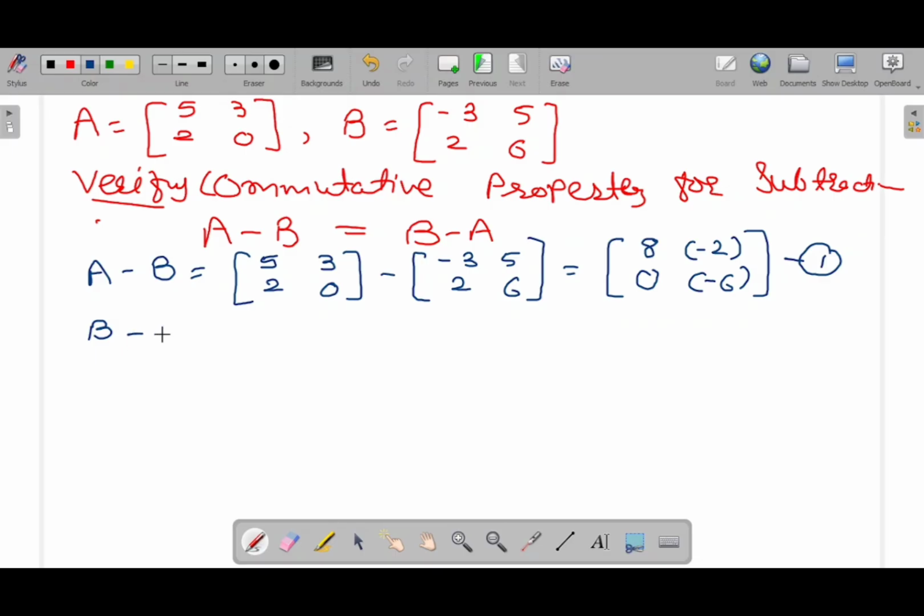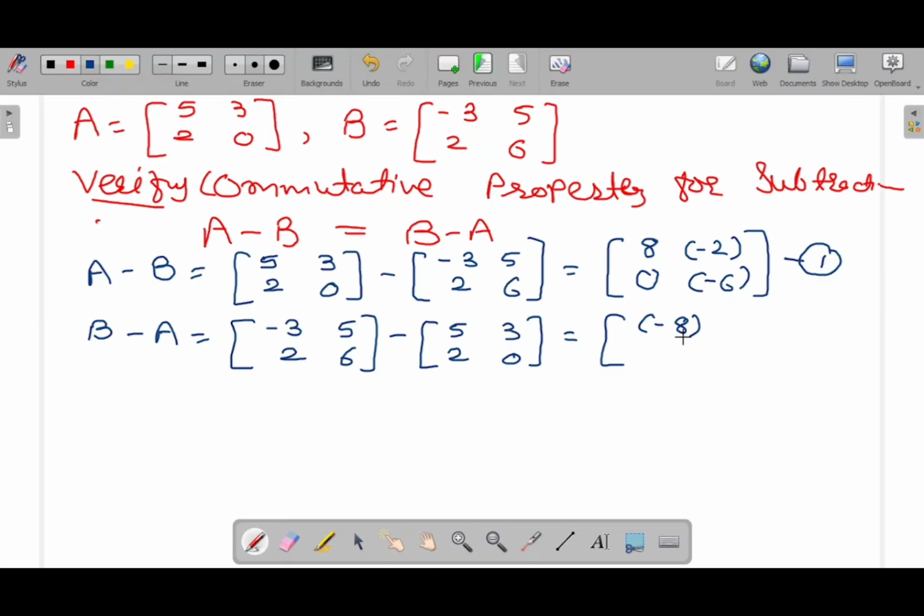Similarly, let me calculate B minus A. So B minus A is -3, 5, 2, 6 minus 5, 3, 2, 0. Here -3 minus 5 will give me -8. 5 minus 3 will give me +2. 2 minus 2 will give me 0.